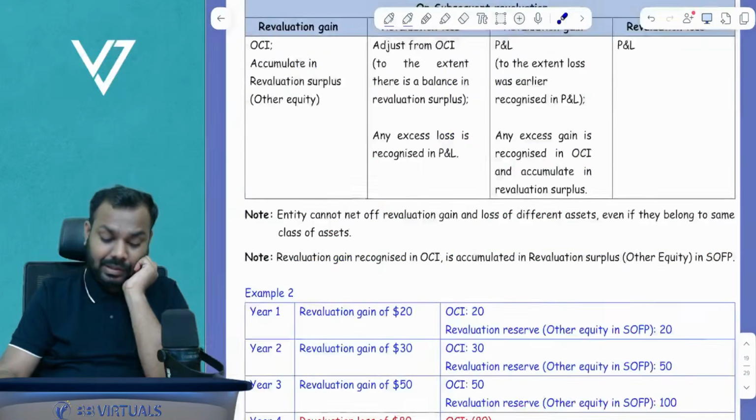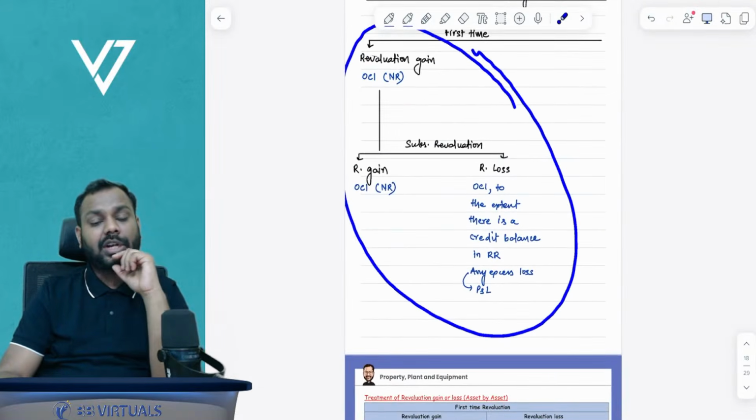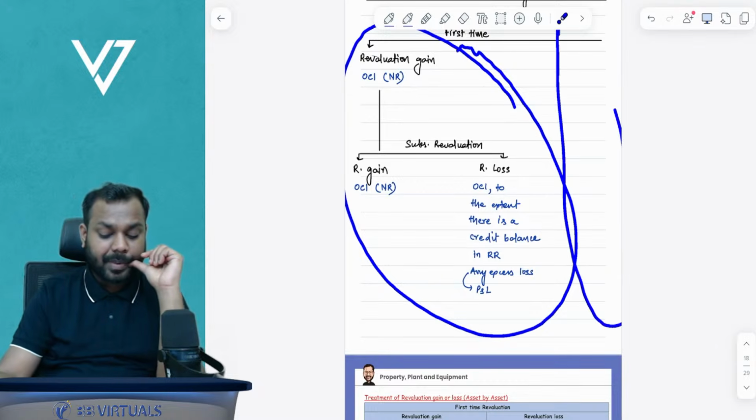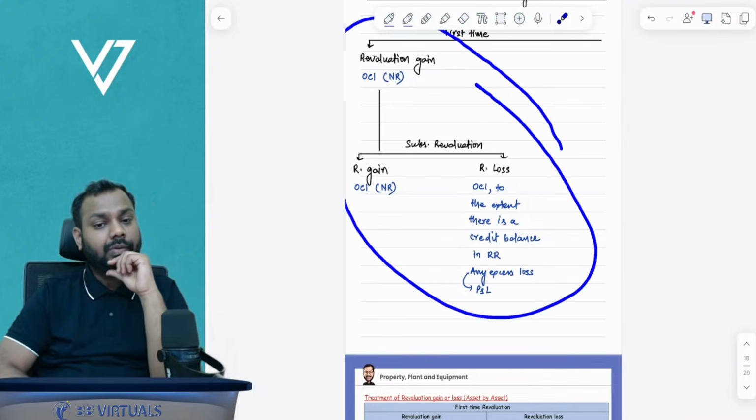Tell me, guys, is this treatment clear to all of you? Now I will go for another treatment also, but before I proceed further, is this part clear to all of you?